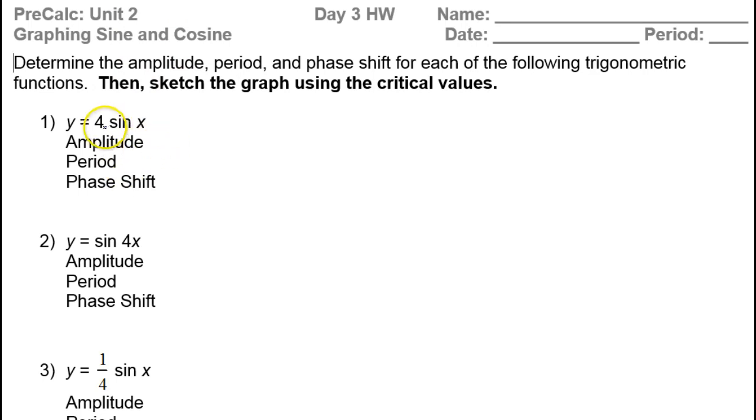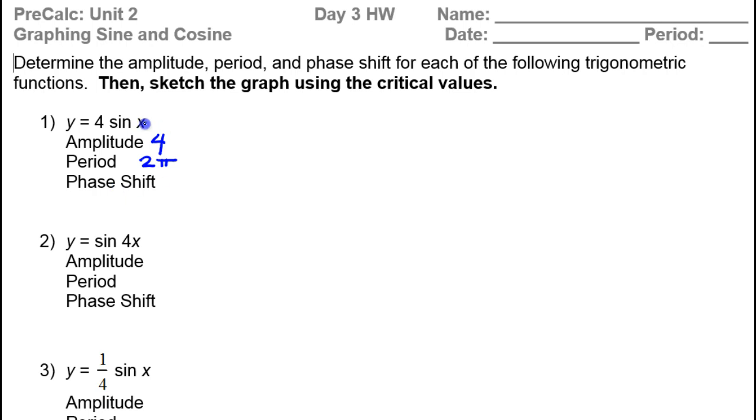Okay, so the amplitude is going to come from the a value, which is here in the front. So for this problem, the amplitude is 4. The period would come from the b value, but this problem does not have a visible b value, or you could say that the b value is 1. Either way, that means the period is going to be unchanged from the usual 2 pi.